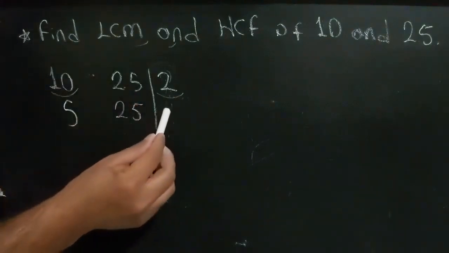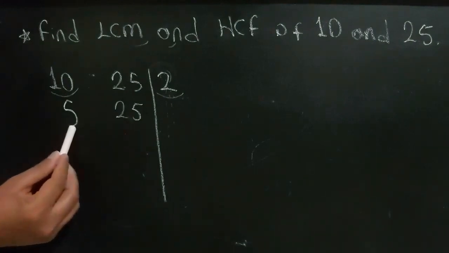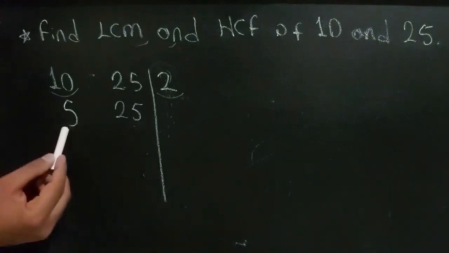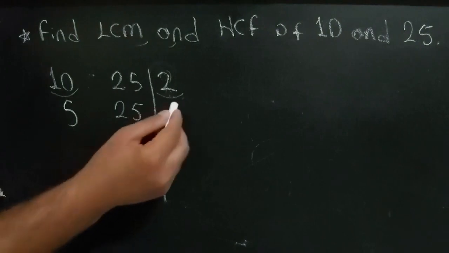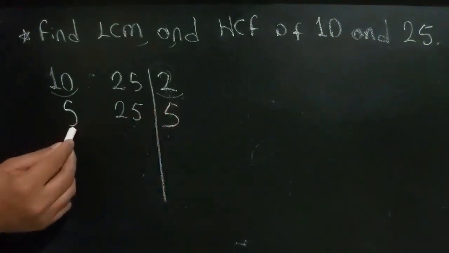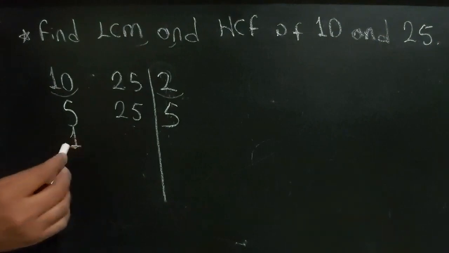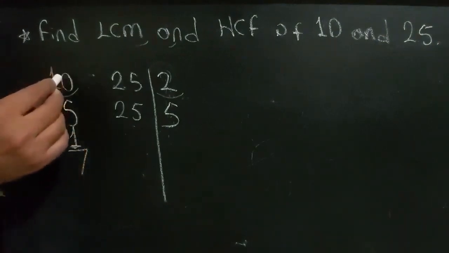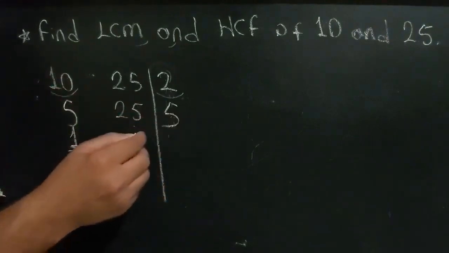Now you will try again 2. Is this one divisible by 2? No. There's no. Don't write there 2. 3, there's no. 4, you can't check. Remember I told you it should be a prime number. 5, this is divisible by 5. Okay, 5 divided by 5, 1. When you got 1, you stop to check this part. 25 divided by 5 is going to be 5.